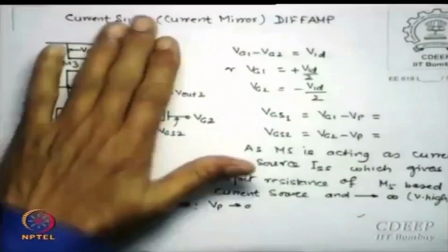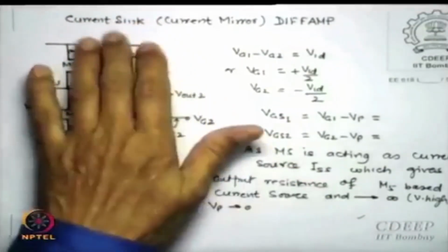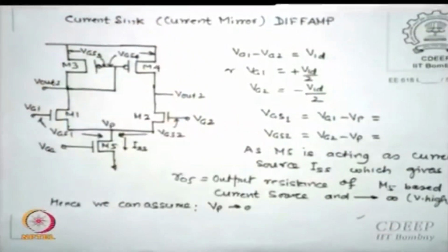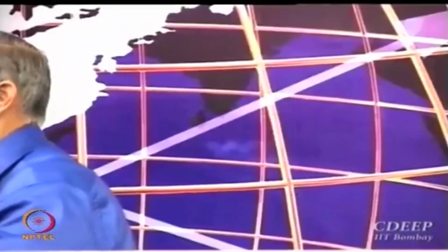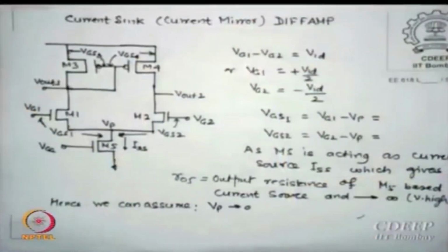Treat one at a time: output due to VGS4 and output due to VG2 or VID by 2, and I will add them, superpose them to get my V out. This is the technique which all of us directly or indirectly use. So I have shown you from where this method has been chosen, is that clear?